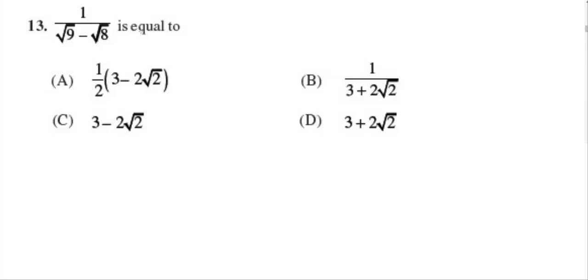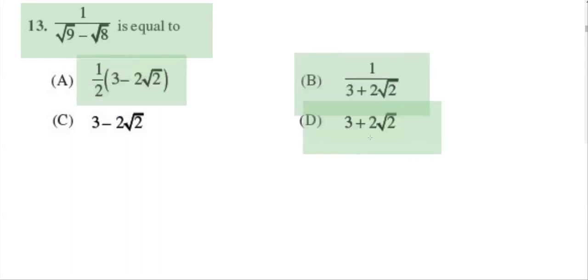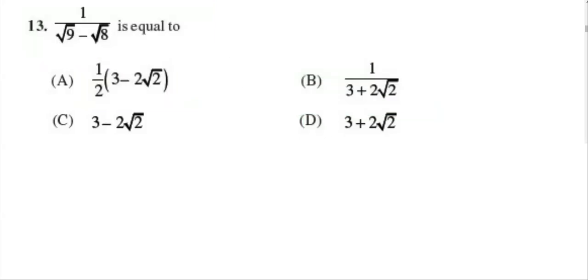Now we have reached question number 13, where we are asked to figure out which of these options 1 over under root 9 minus under root 8 is equal to. As we can see, for all our options, we first must write down in the standard form, that is after rationalizing the denominator.